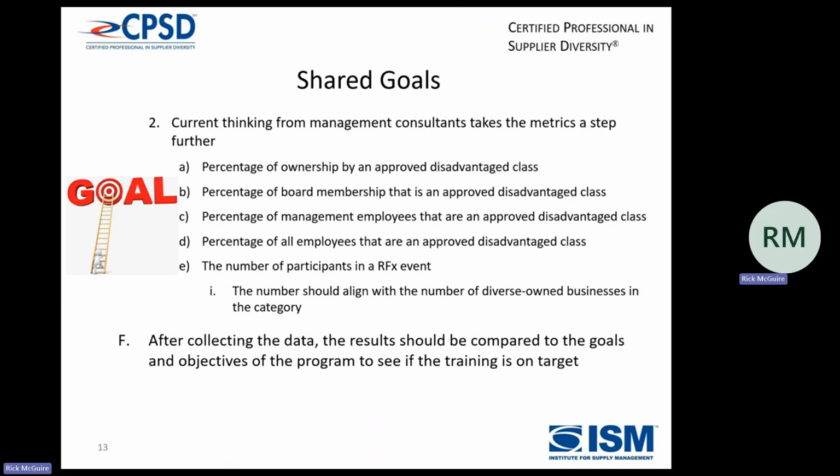Percentage of all employees that are approved disadvantaged class, the number of participants in a networking event, and the number should align with the number of diverse-owned businesses in the category. And after collecting the data, the results should be compared to goals and objectives of the program to see if the trending is on target. So you don't have to use these metrics, but here are some that you can look through.